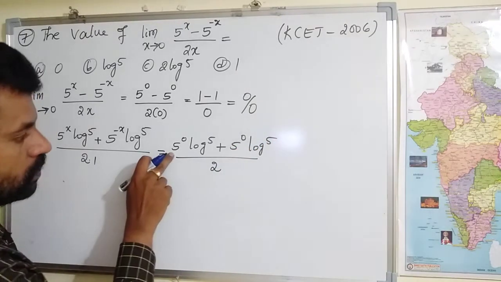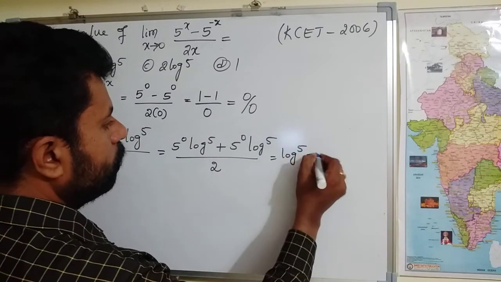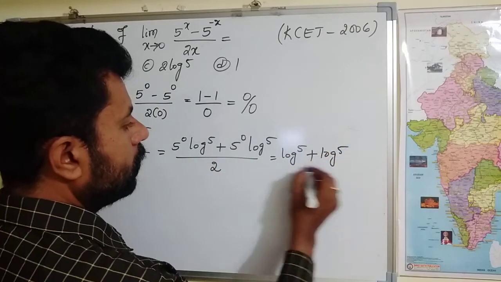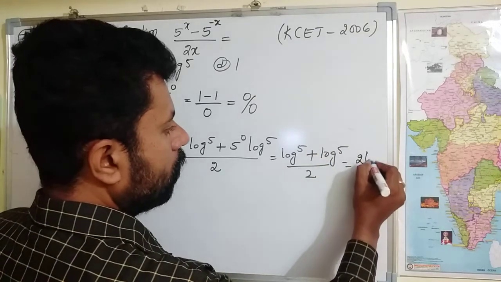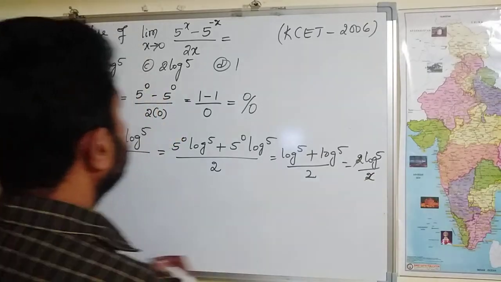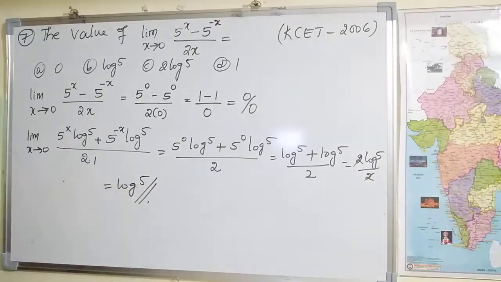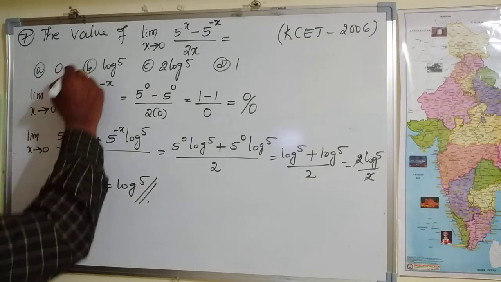See, 5 to the power 0 is 1. 1 into log 5, log 5 plus 5 to the power 0 is 1, 1 into log 5 is log 5, divided by 2 is equal to log 5 plus log 5 is 2 log 5 divided by 2. 2 is cancelled. We get log 5. Answer, option B is correct.